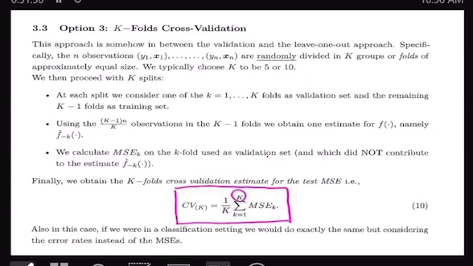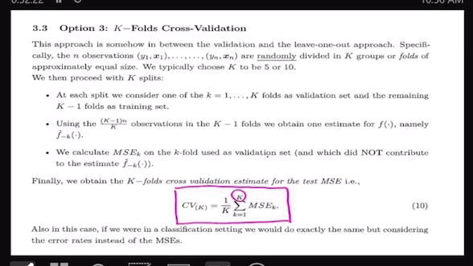If I train on Fold 1, 3, 4, and 5, automatically the test will be on Fold 2. This will continue like that. Does that make sense? So that is what we mean by cross validation.